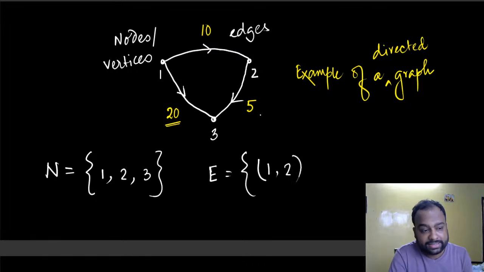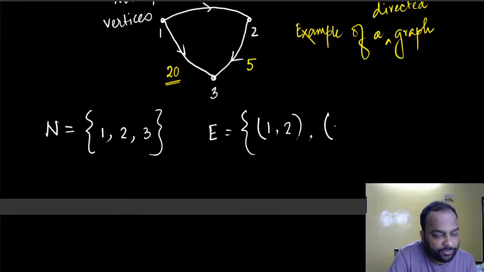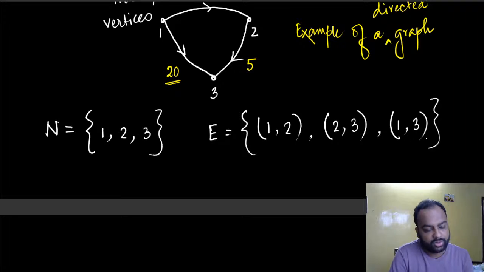This indicates there is an edge from 1 to 2, starting from 1 and ending at 2. Then you have another edge from 2 to 3, and another edge from 1 to 3. And then you would have a set of weights.